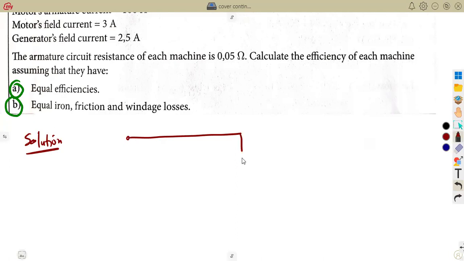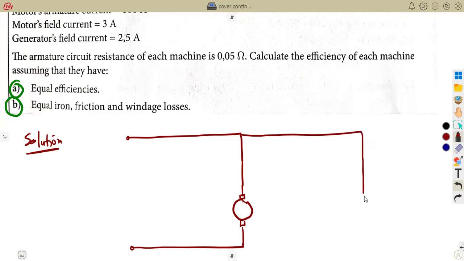One is going to be a generator and the other a motor. We're going to have the motor on this side, and on this other side we are going to have a generator.